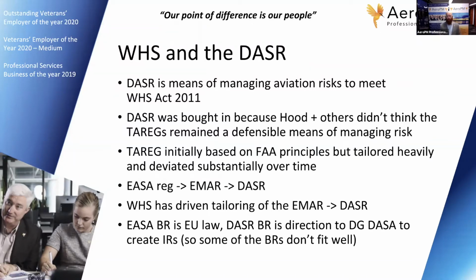Obviously the legal situation is a bit different for us in that we have the WHS Act, being Commonwealth law, and the ADF has selected the EMAR as a basis on which to build a regulation set, which is our means of compliance with that WHS Act.